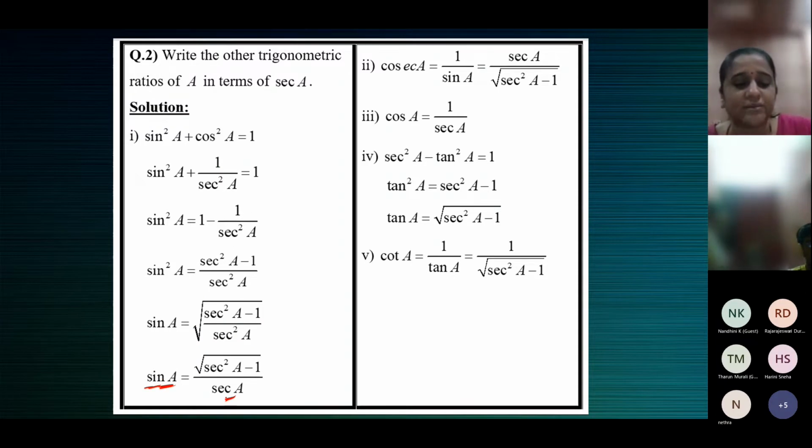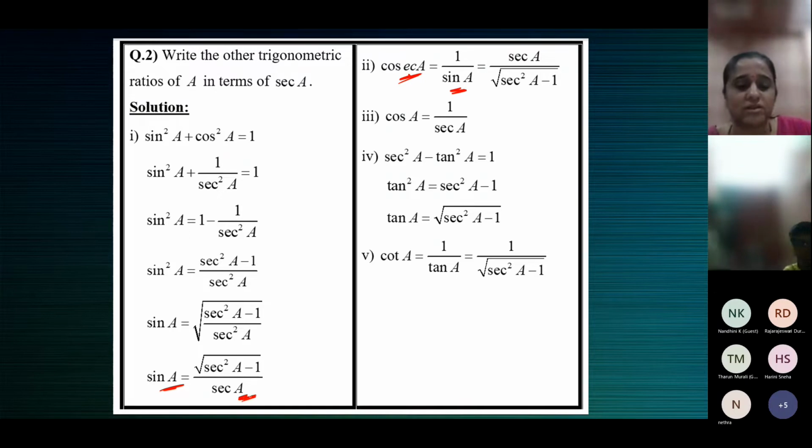Once you write sin A in terms of secant A, immediately write the reciprocal of sin A, that is cosecant A, in terms of secant A. What is cosecant A? Cosecant A is 1 by sin A. Cosecant is the reciprocal of sin. All right. And what is 1 by sin A?